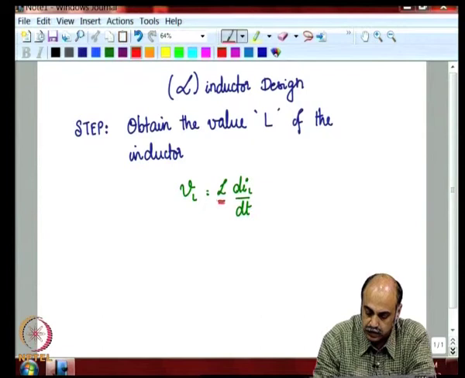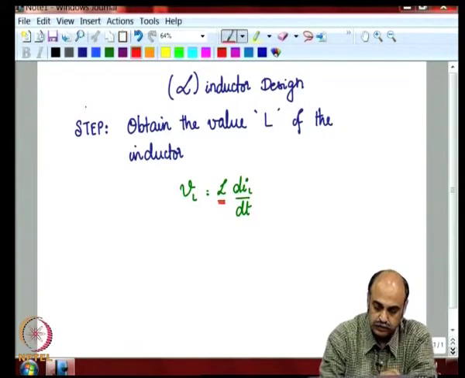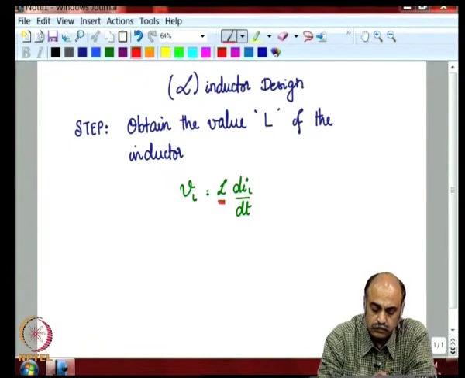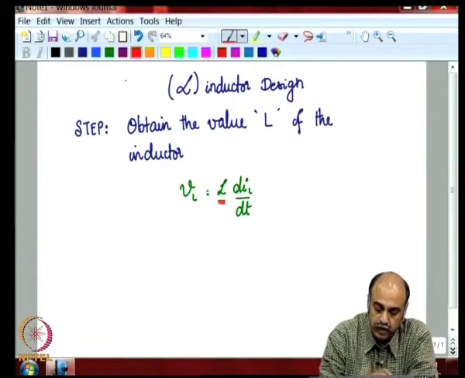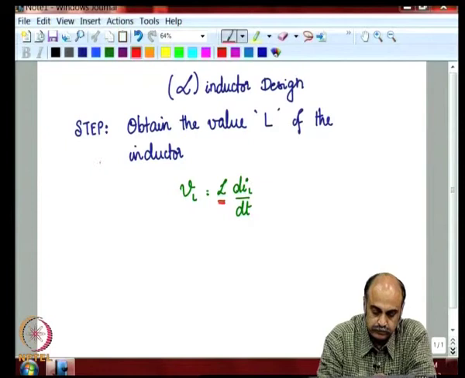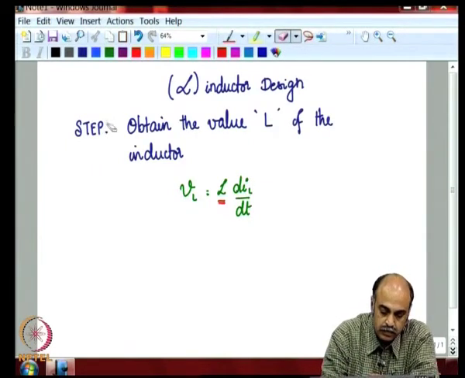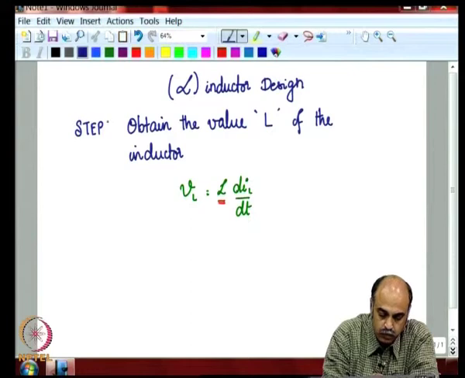And you try to obtain this knowing all other aspects of the Faraday's equation. So, this is step 1.